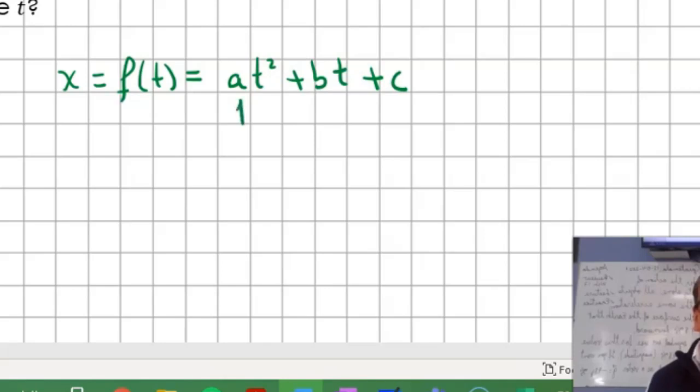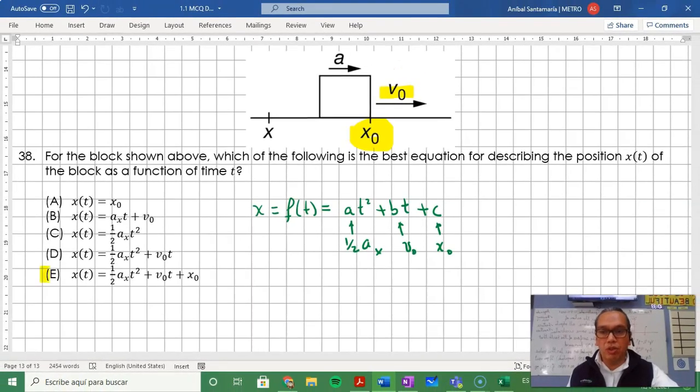In this case, this one relates to 1/2 of the acceleration. This one relates to the initial velocity of the object, and this one is the initial position of the object. Once again, if the acceleration is considered constant. Therefore, your best answer should be option E.